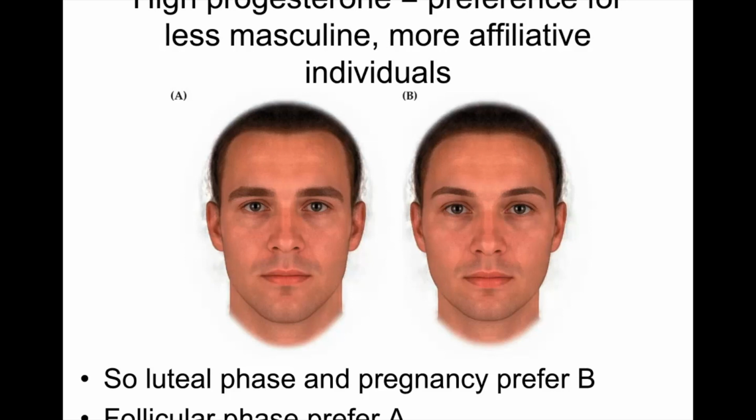Follicular phase is most associated with preference in person A. And you could even just do this longitudinally and see the same person rate person A as being more attractive up into the point of ovulation. And at that point, person B here would be a more desirable mate.